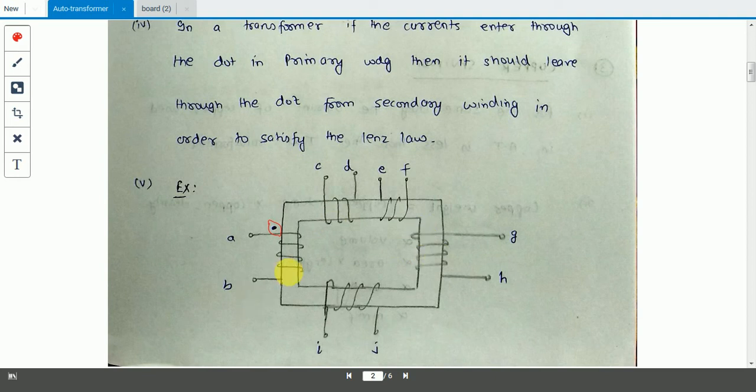The flux which will be created by this winding, the AB winding, all the other windings will be opposing that flux, and the current direction that will produce that opposing flux will provide you the dot convention. So this is the question that you can solve, and you can answer in the comment box when I upload this video.